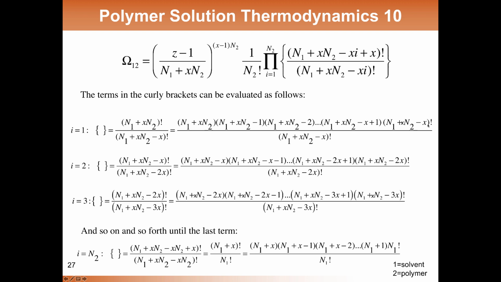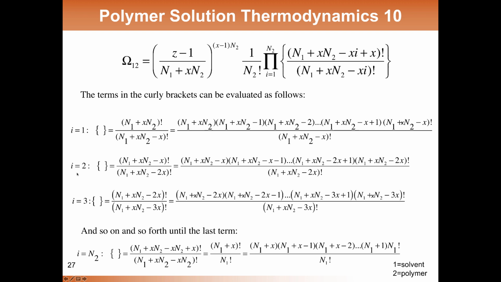And when I get to that point, every term from here on is canceled by a term in the denominator of this expression. And so that first expression for the number of ways of arranging polymer chain 1 on the lattice basically stops after this point, next to the last term.